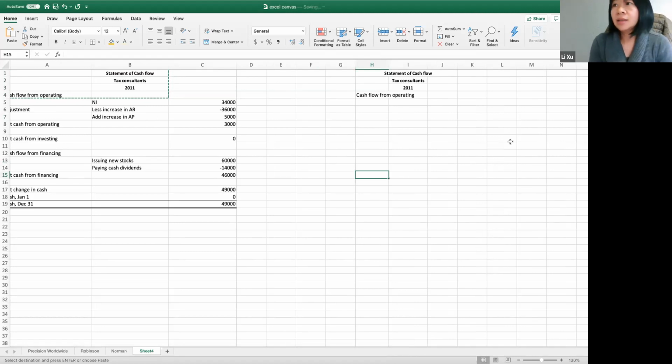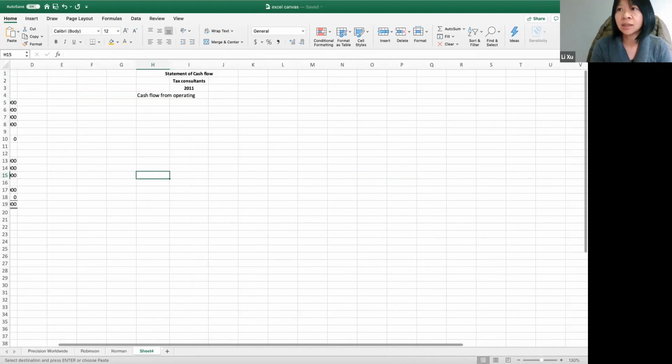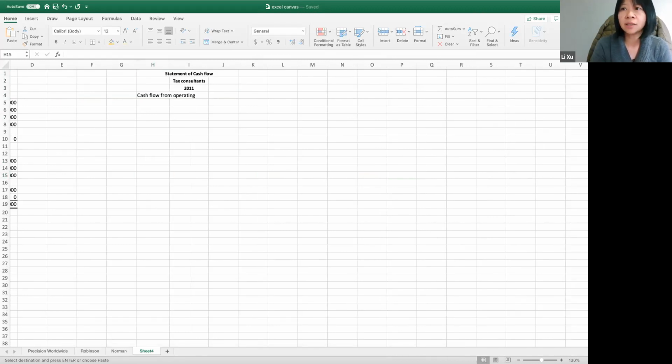All right, so this is an absolutely very simple question. They only have very few items on the income statement. Even have no depreciation expenses. What do we need to do? We just do this one more time, like what we did. We look at the cash from operations, and we're going to start with the first item. First item is sales. So that's what I did.